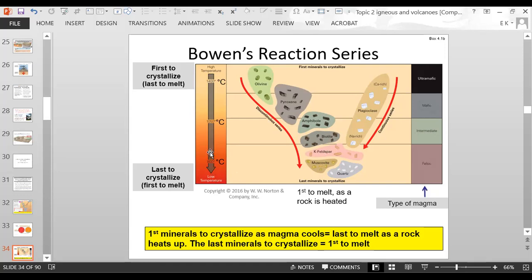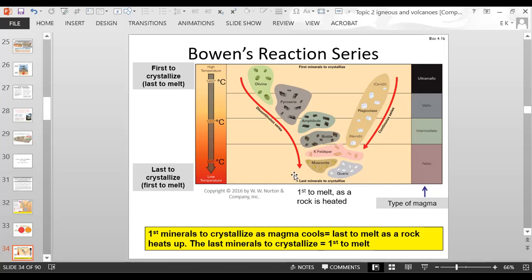As you increase the temperature of that solid rock, you're going to melt your biotite, the amphibole, the pyroxene, the olivine, and then also the sodium-rich plagioclase, and later the calcium-rich plagioclase. Quartz will form at around 800 degrees, but also melt at around 800 degrees. So it works both ways.